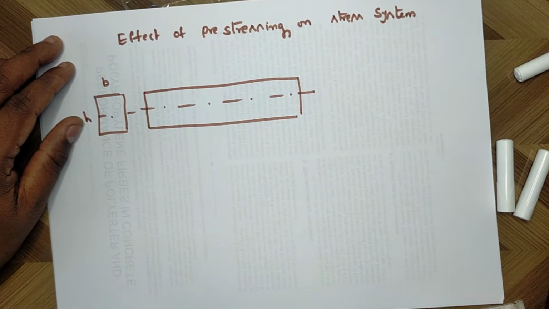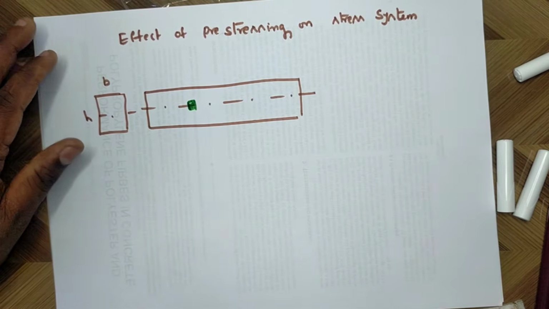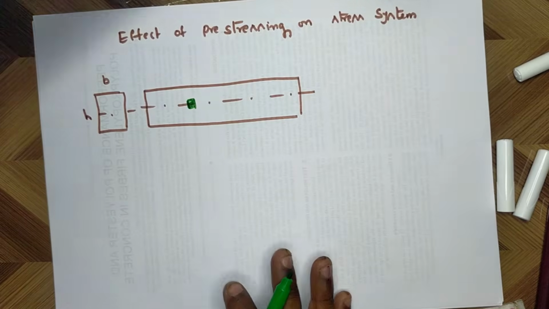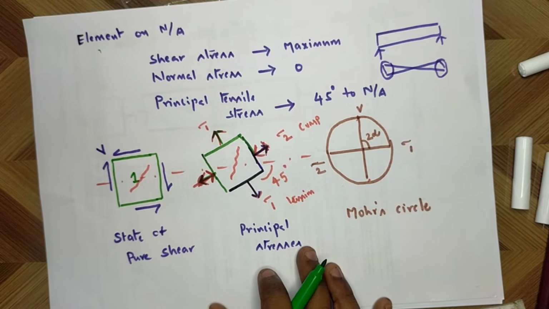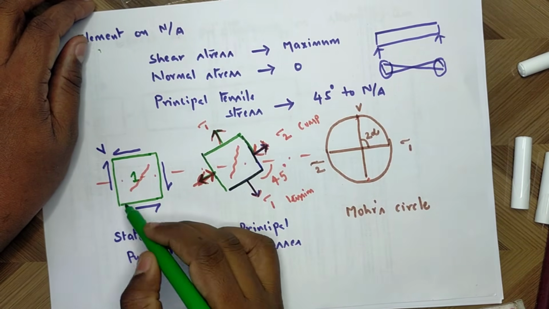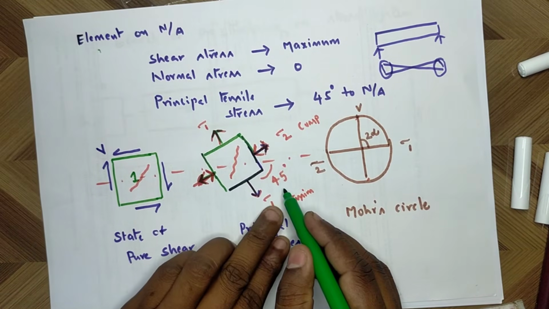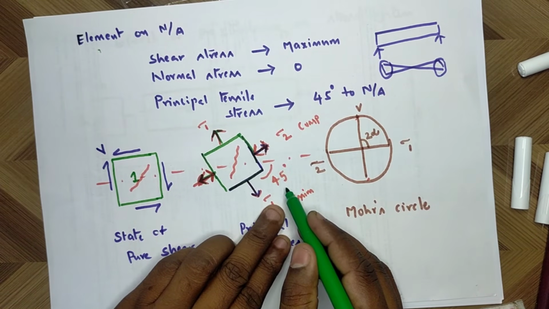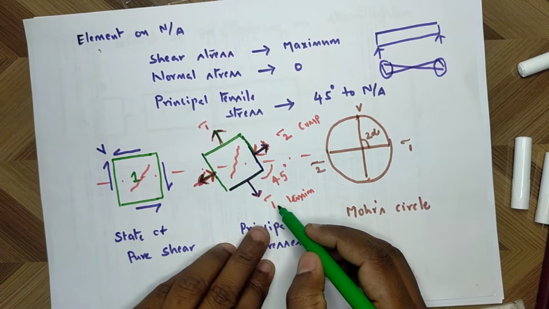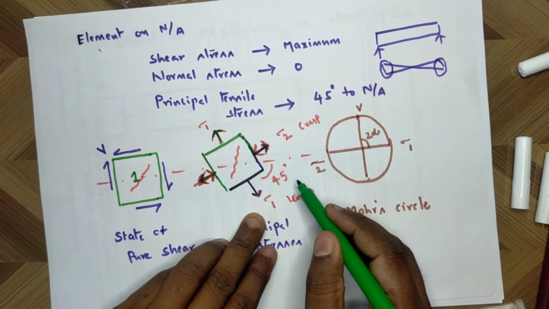We have taken an element at the neutral axis. In that case, we observed a pure shear system. In the system, the angle is 45 degrees. This principal tensile force is making an angle of 45 degrees.